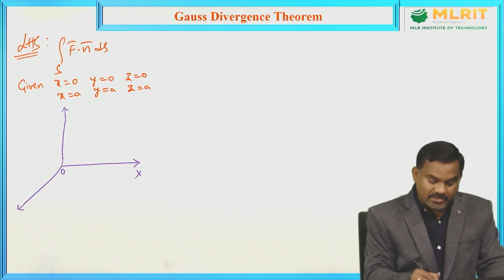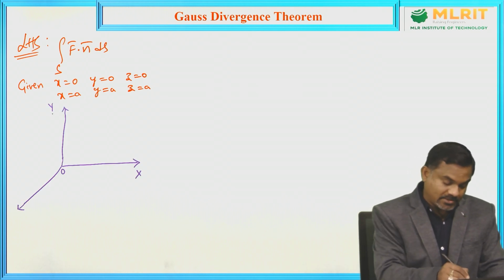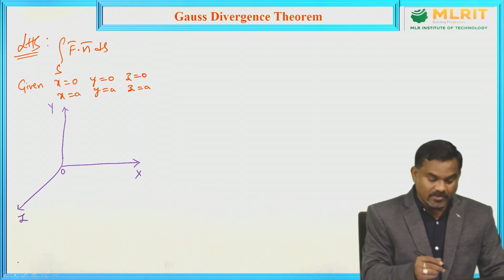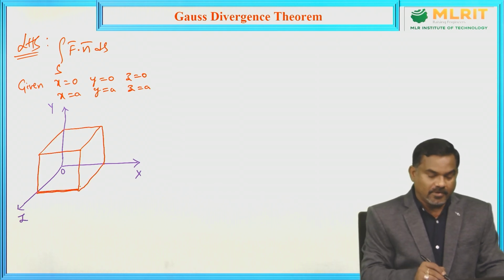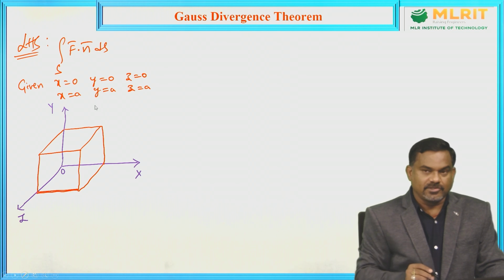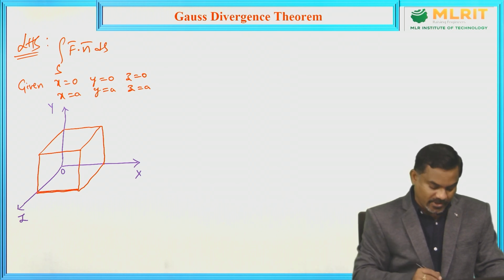So this is the x axis, y axis, and z axis. Now let us draw the cube. This is the cube bounded by the given planes: x is 0, y is 0, z is 0, x equal to a, y equal to a, z equal to a.